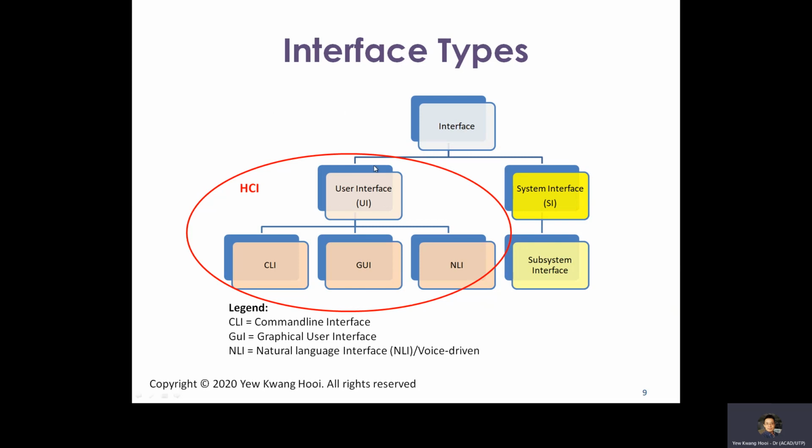Not necessarily with user, but can be between components as well. And then number two, let's look at user now, because we are talking about human-computer interaction. So human-computer interaction is about interaction between user and software, not the other one. System interface is between component with component. In system architecture, we're focusing mostly on that. But we are talking about HCI in this module.